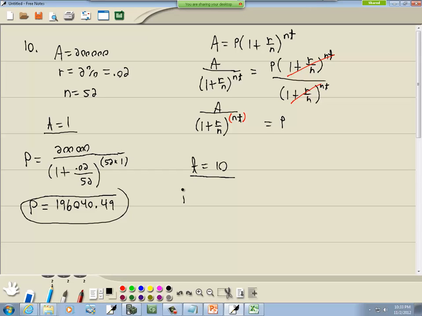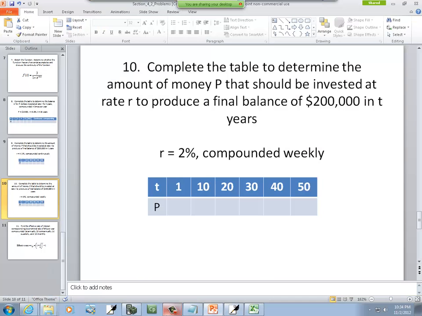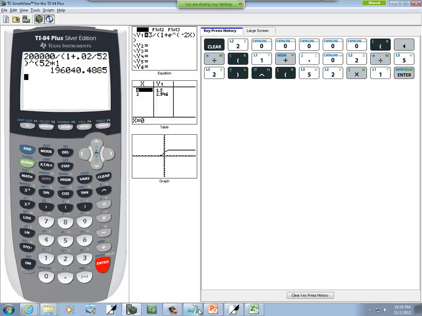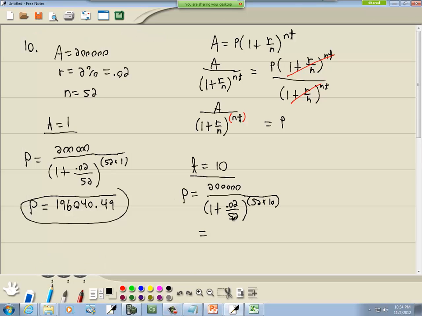So on this one I got 200,000 again for the A over 1 plus 0.02 divided by 52 raised to the, and I'll put parentheses around this, 52 times T, which is now 10. Again, on the calculator, you notice this formula right here is exactly the same as this, but instead of 1, we now have 10.